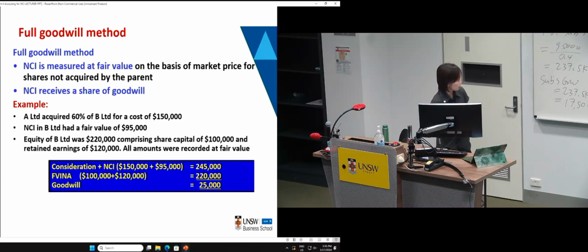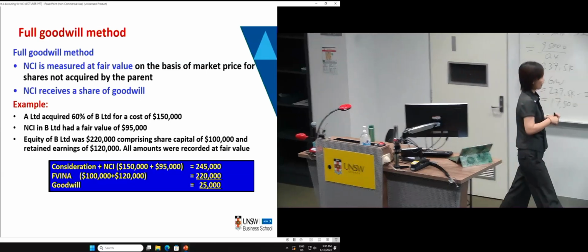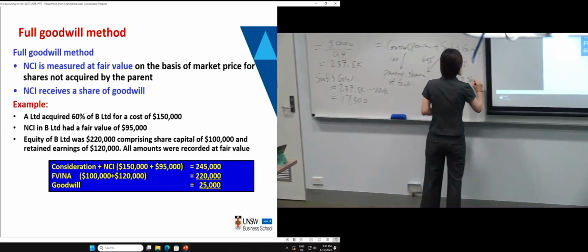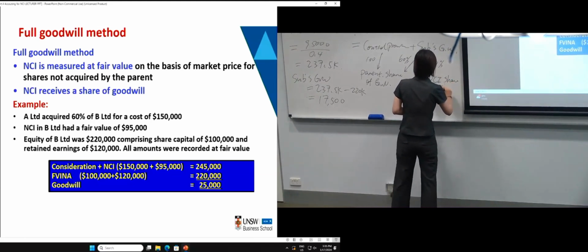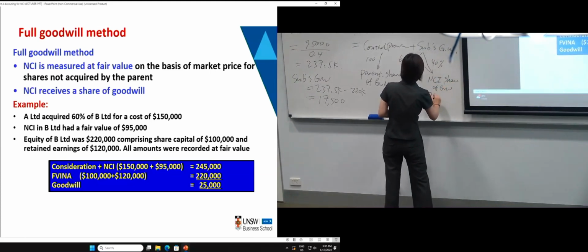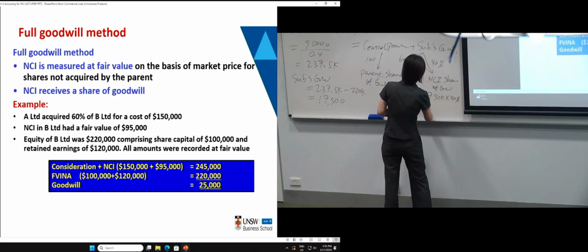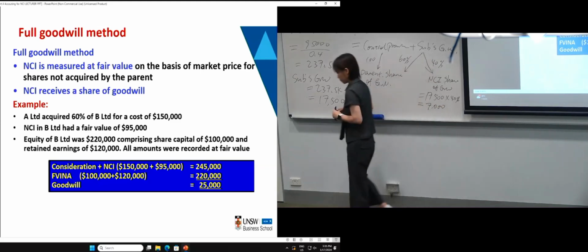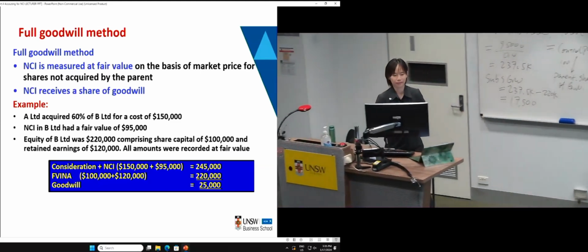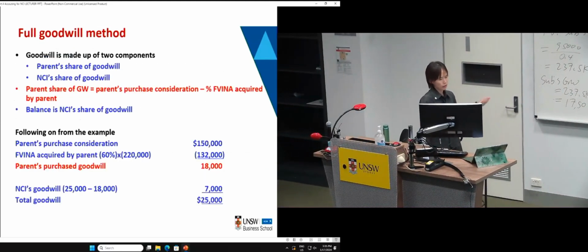We can simply use 17,500 multiplied by 40%. Your NCI share of goodwill is equal to 17,500 multiplied by 40%, which is equal to 7,000. That's done. Okay. So, it's really up to you which method you prefer to apply when determining the NCI share of the goodwill.